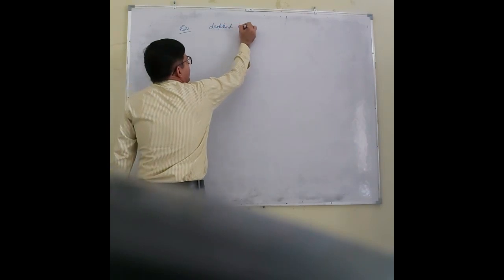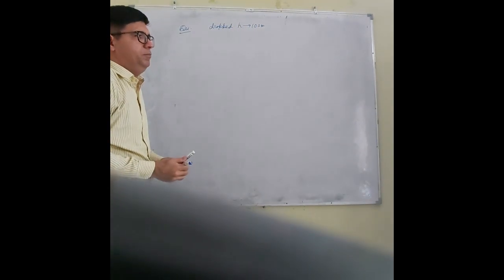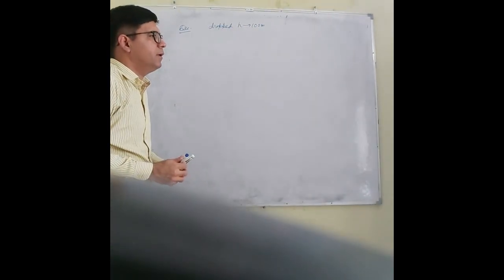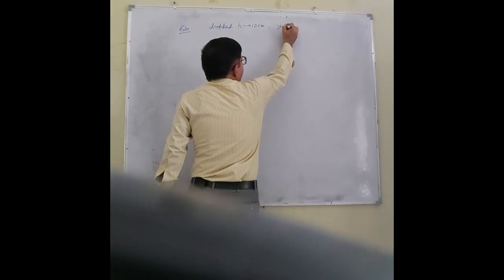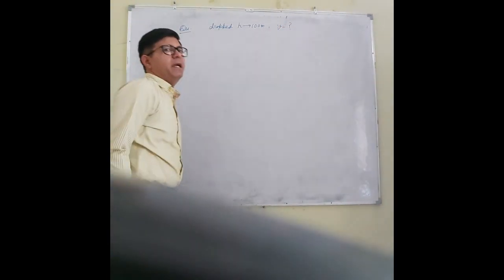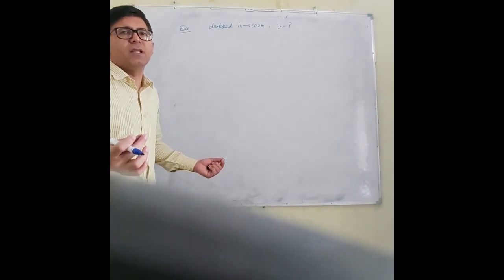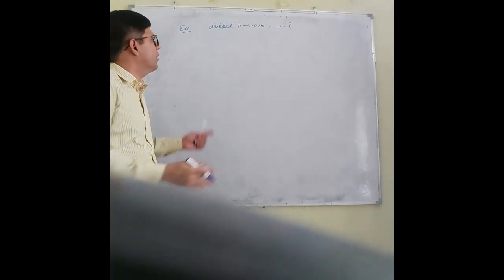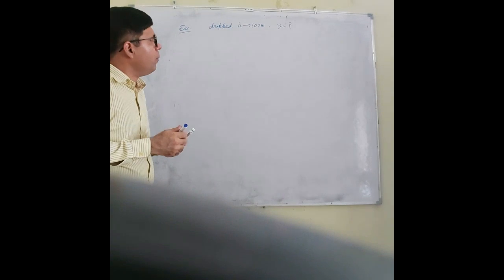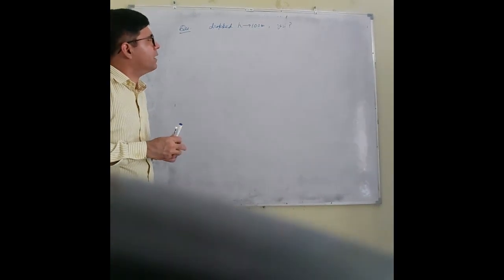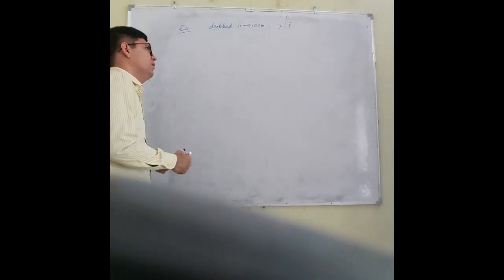Calculate the velocity with which it hits the ground. Note this statement of this numerical. A body is dropped from a height of 100 meter. Calculate the velocity with which it hits the ground.